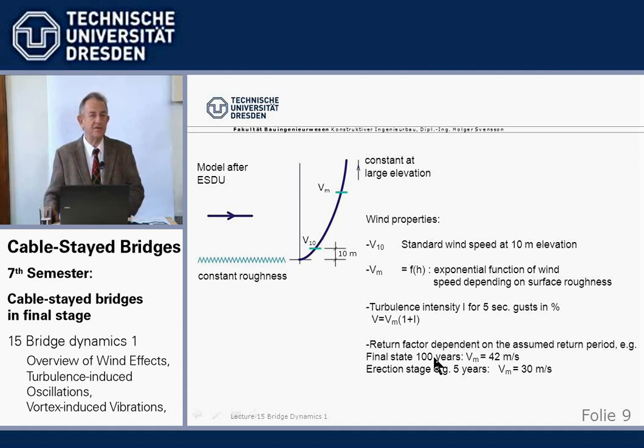We normally assume 100 years. But we have shorter erection stages, and there the probability of a high wind speed occurring is smaller. So typically in German codes, if we don't know any better, we use 42 meters per second in the final state and 30 meters per second during construction.